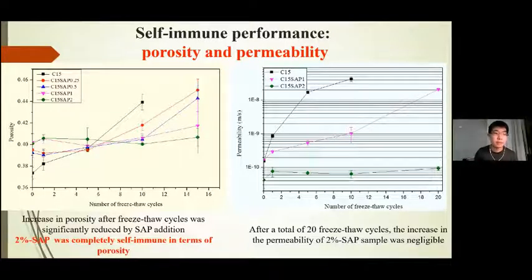So the 2% SAP was completely self-immune in terms of the porosity. We also tested the permeability of the samples, and it shows that after a total of 20 freeze-thaw cycles, the increase in the permeability of the 2% SAP sample was negligible, which means it's completely immune against the freeze-thaw cycles.